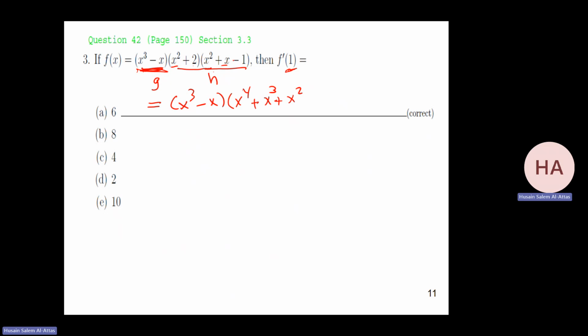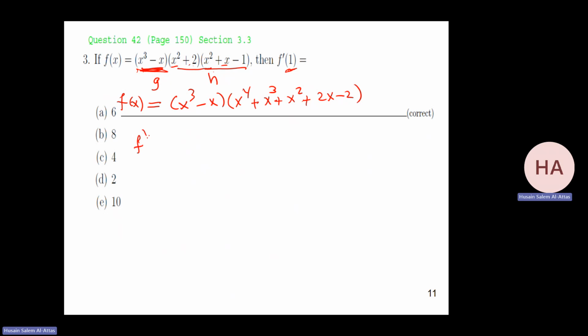Minus x squared and 2x squared, plus 2x, plus 2x, minus 2. So this is my function. Am I right? Yeah. The power 4 and cubed come from x squared times x. That's the only thing that will bring the cubed. I have the x squared, 2x squared minus x squared. The x is only 2x and the constant is minus 2.